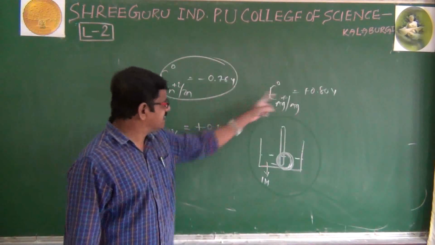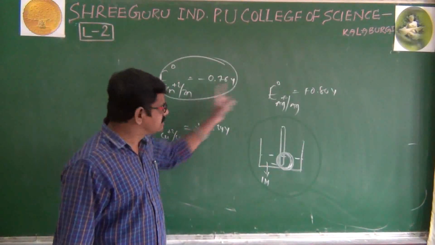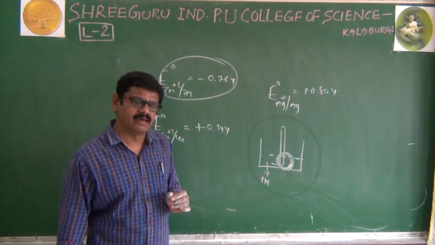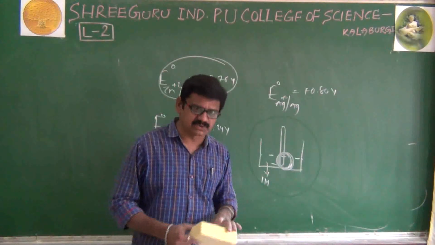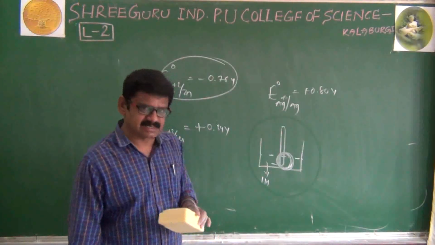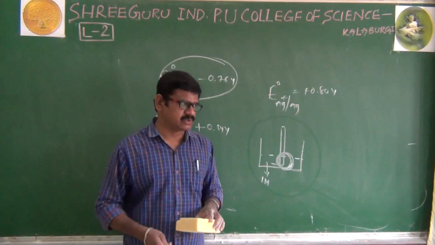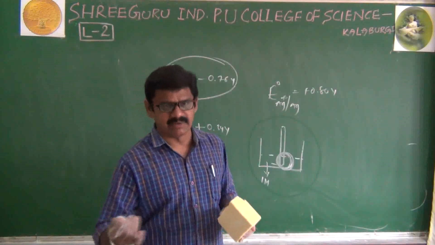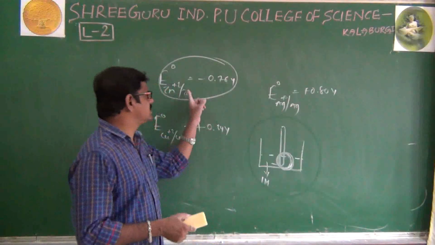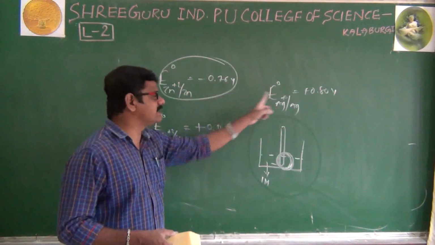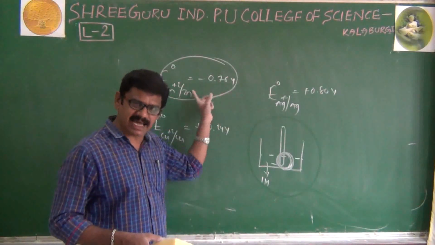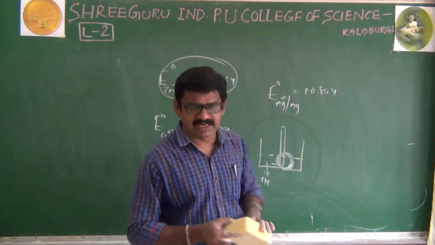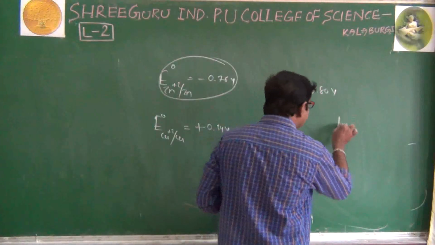Then how are we getting all these values? For this purpose, we have to use one reference electrode. In the first year basic concepts lesson, we learned that to calculate atomic weights we take C-12 as a reference element. Exactly similar to that, to calculate all these standard electrode potentials, which are nothing but standard reduction potential values, we use one reference electrode, the hydrogen electrode.